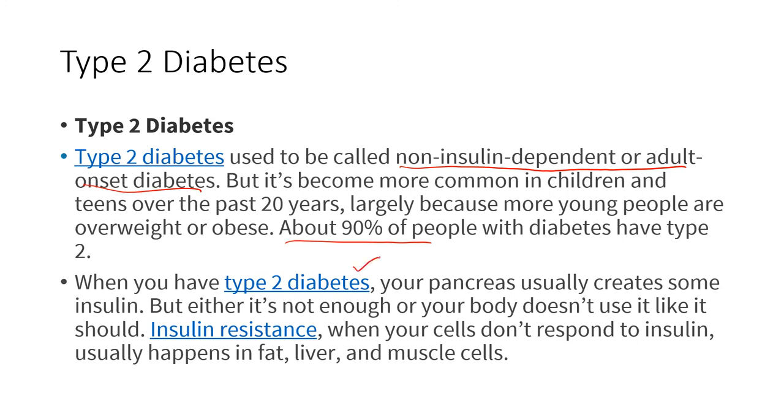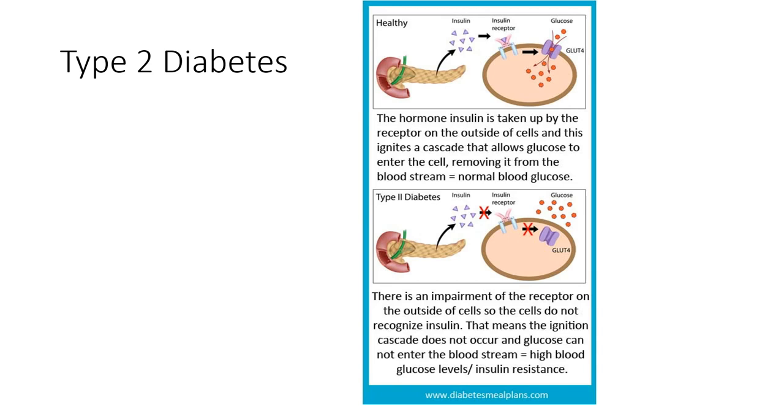So when you have type 2 diabetes, your pancreas does secrete insulin, but it's either not enough or your body cells aren't responding to it. Usually what happens is you have this buildup of insulin resistance. Again, your cells are not responding to the insulin. So just showing you a little bit about that. You've got your healthy cell here, which you can see is responding.